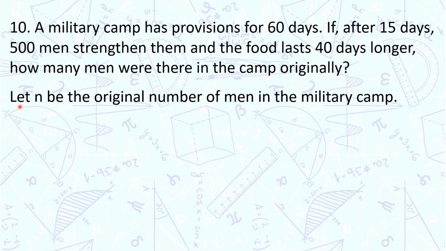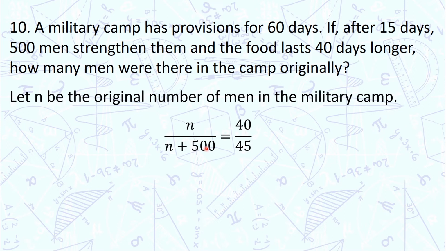So the number of men will be inversely proportional to the number of days for which the provision will last. So originally we have n number of men and then n plus 500 because 500 men strengthen them.